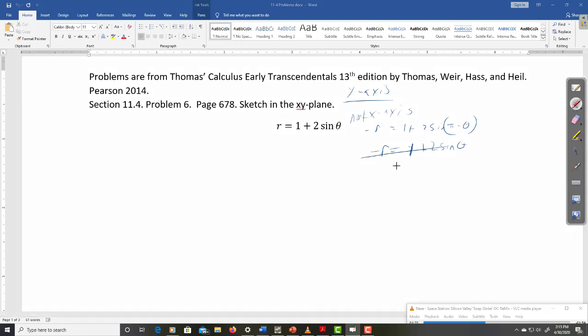So if we look at r equals 1 plus 2 sine of theta plus pi, unfortunately that will change the sign, because looking at that, if here's theta, theta plus pi is down here, which will have a negative sign. So this would be the same thing as 1 minus 2 sine of theta, which is not the same. So it only has symmetry about the y-axis.